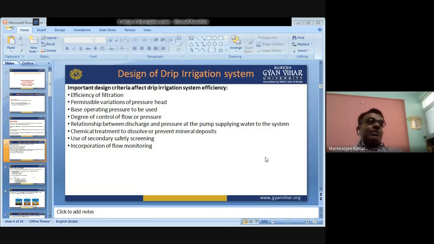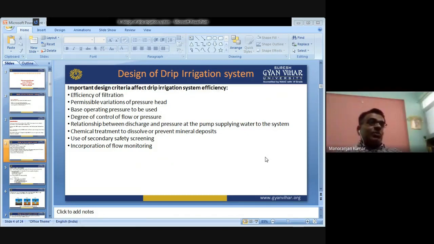Second is the permissible variation of pressure head. Up to how much can we change the pressure, and what is its effect on the discharge of the emitter? So we will study the permissible variation of pressure head. This is one of the main design criteria for drip irrigation system efficiency.